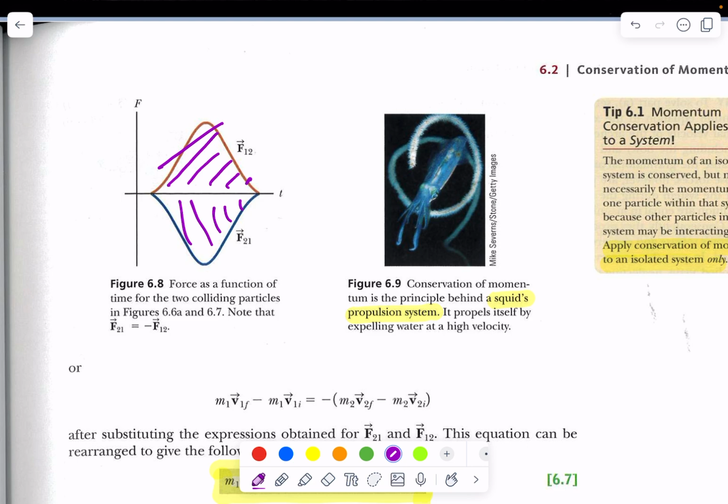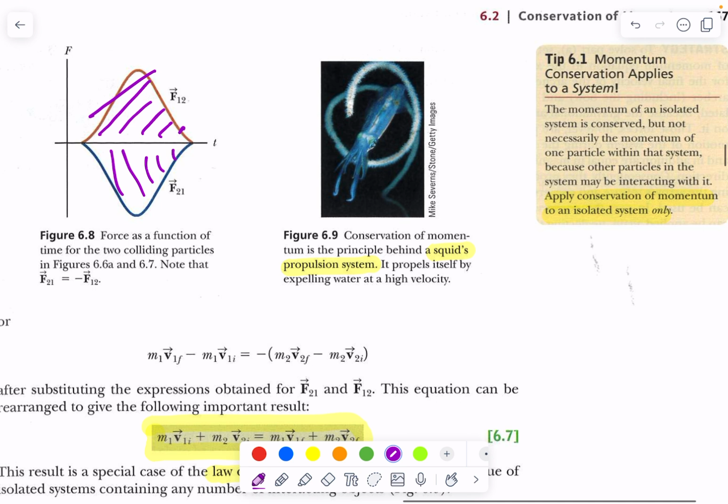And here's an example of a squid that often propels itself by squirting water out one end, so it moves in the other end. Or you can think of a rocket moving through space. As it shoots its gases out one end, the rocket goes in the other end. Of course, the mass of the gases is very, very small, and the velocity of the gases is huge, being ejected from the combustion chamber in the back of the rocket.